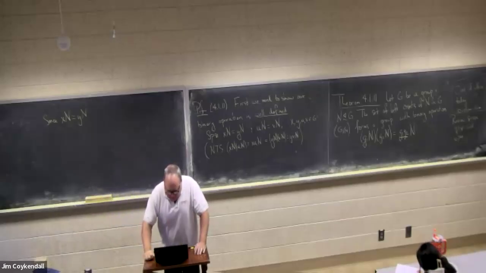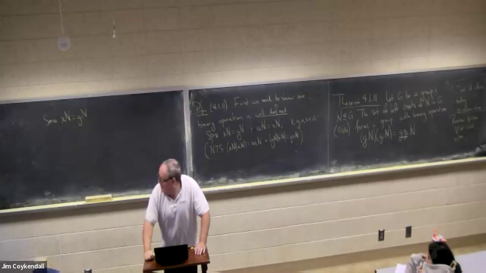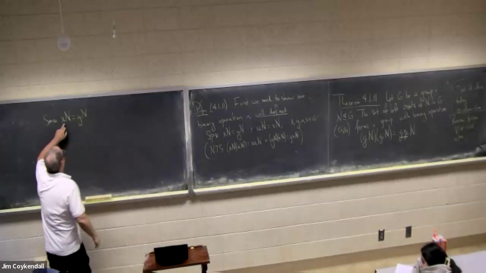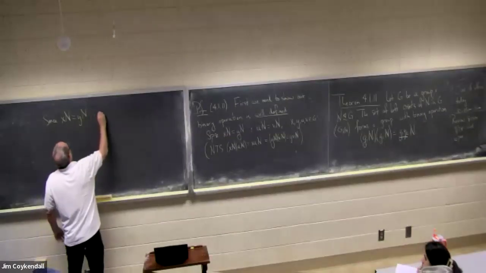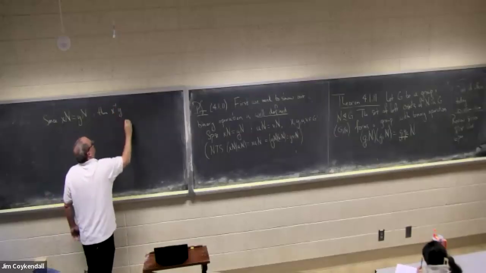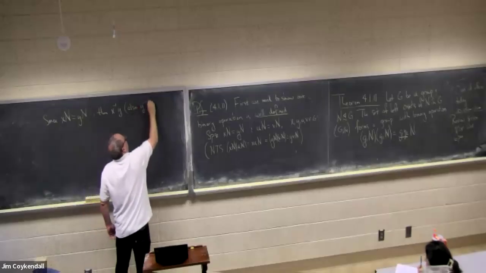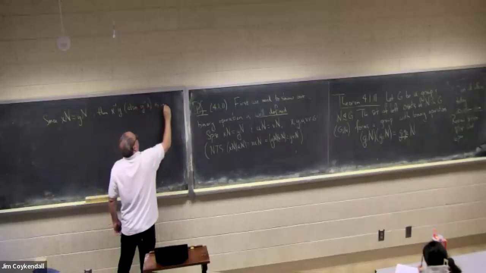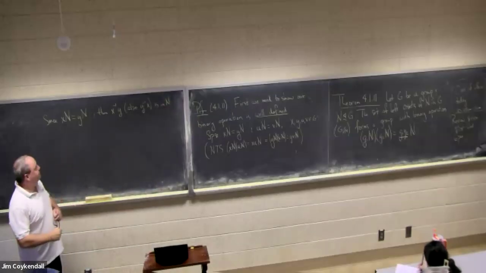Then what do we know from this? Anybody know? We had a theorem earlier today that said if these two cosets were the same, then X inverse Y is in N. Correct?